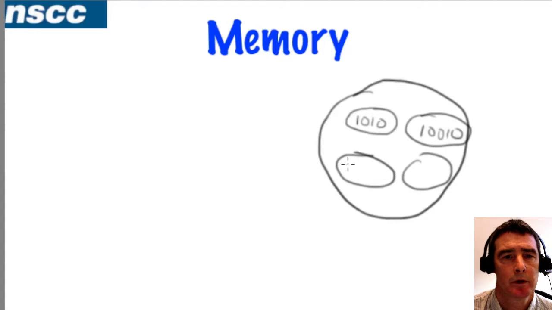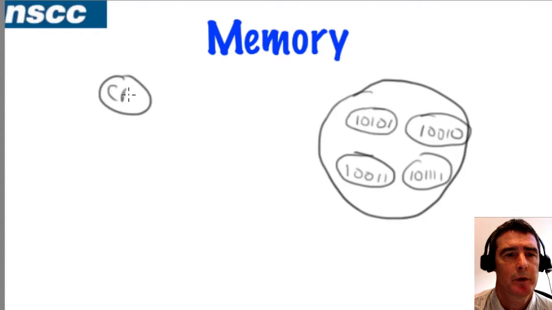The numbers are all the same size. They don't need to be small. It can be very large numbers. But if we have a CPU here, a CPU basically uses memory for instructions, holding things which are called data, which are called instructions.